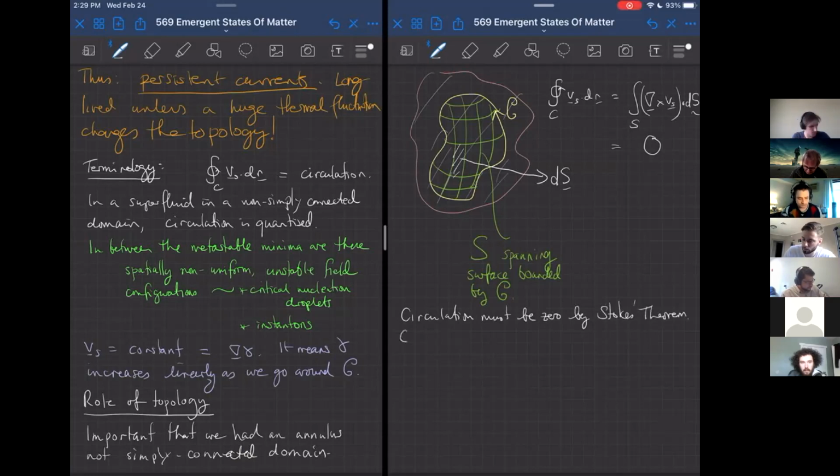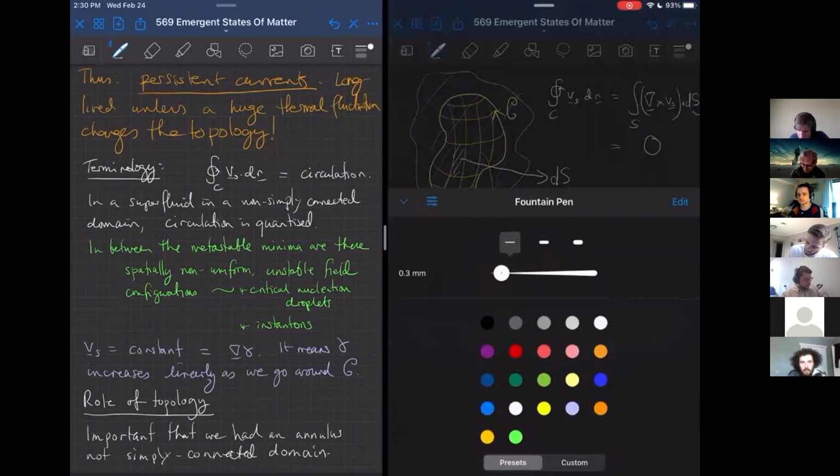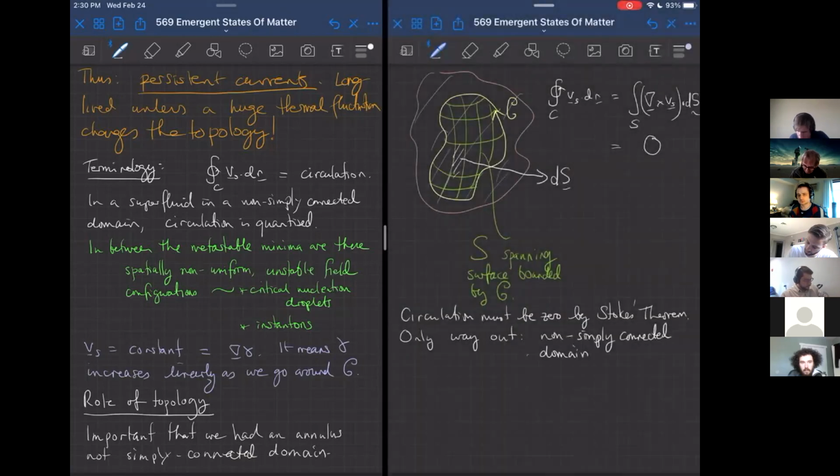And so the only way out of it is to have a non-simply connected domain. How could we have a non-simply connected domain? There are two main ways. One way is to have an annulus.